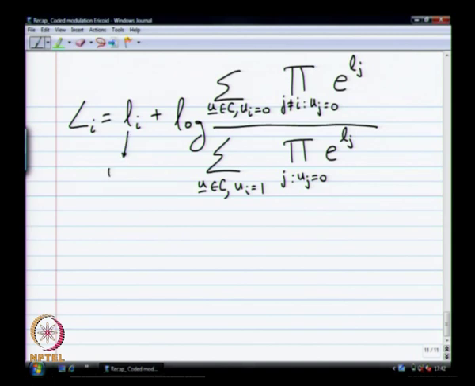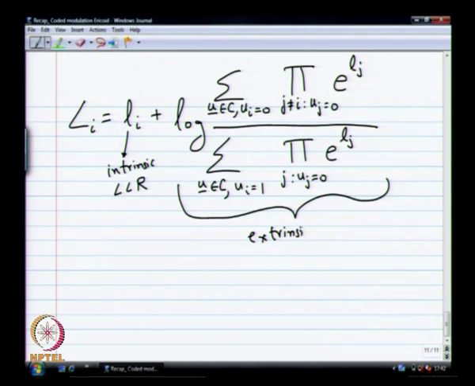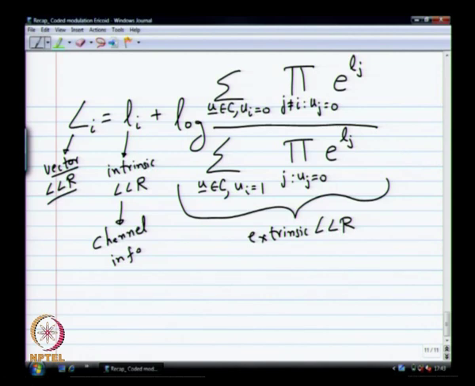This is called intrinsic LLR. This is called extrinsic LLR. This is the final vector LLR. The intrinsic part is also called channel information. This is the belief, or the probability, or the LLR that the channel is giving you. Only the channel is telling you about the ith bit.